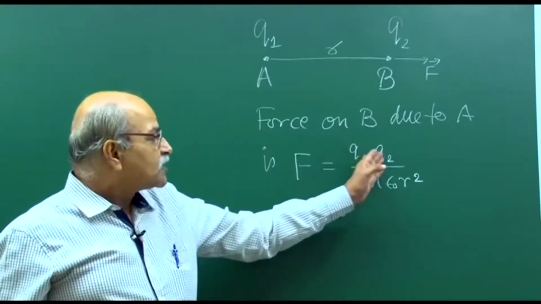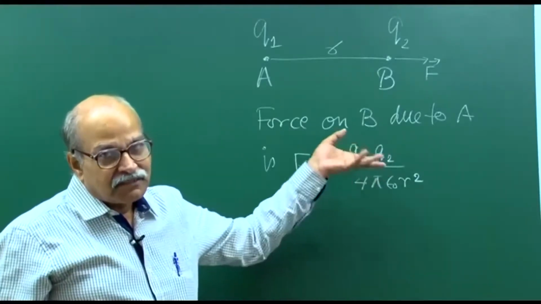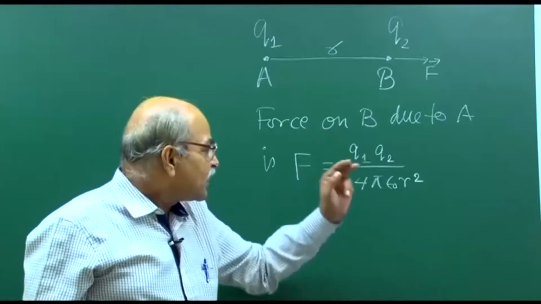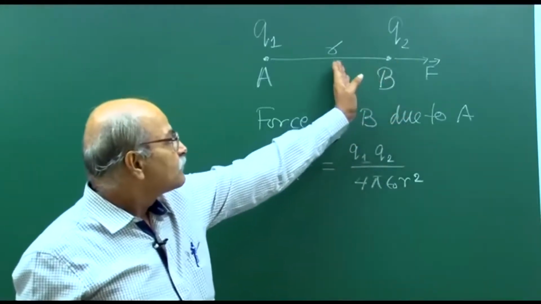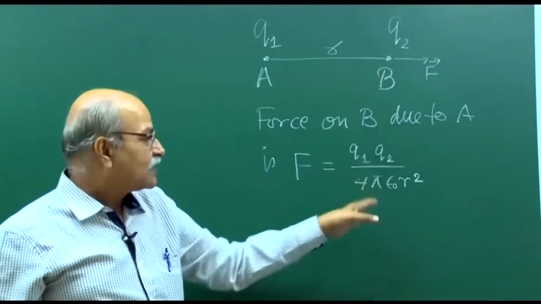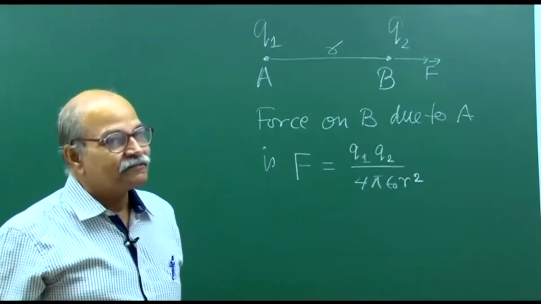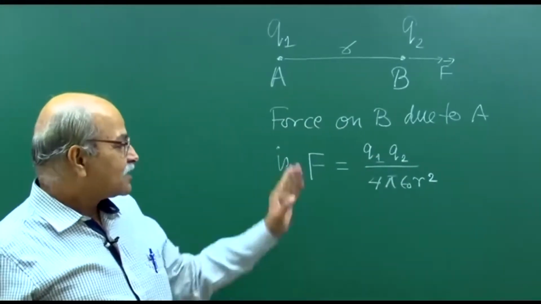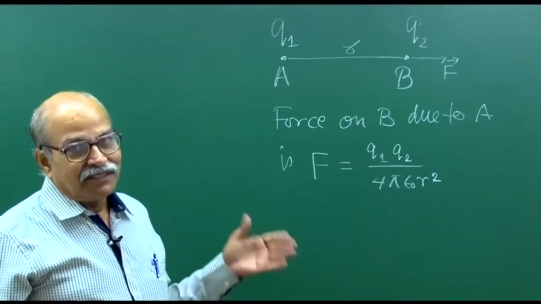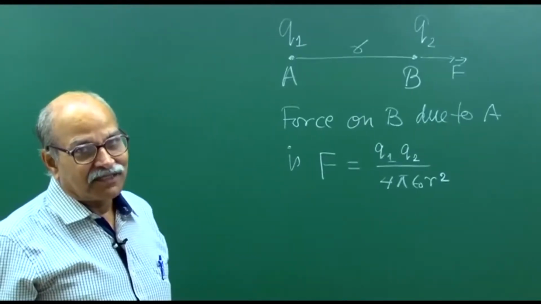If this product is negative, one is a positive charge, another is a negative charge, then the direction will be towards A and the magnitude will be just the magnitude of this. So, that is known as Coulomb's law. Everyone knows that is the starting point of any chapter on electrostatics.